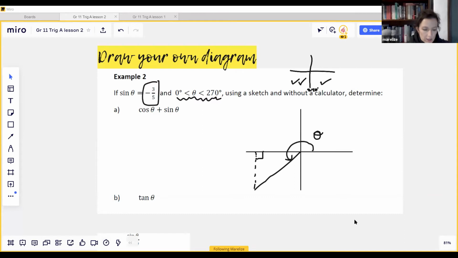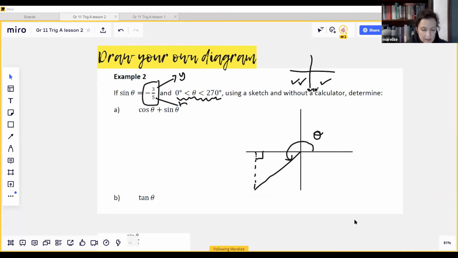If I look at what's given here, sine theta is -3/5. Okay, we know that on the Cartesian plane, we've got y over r when we are talking about sine. So those are actually the two sides of my triangle that's now been given.